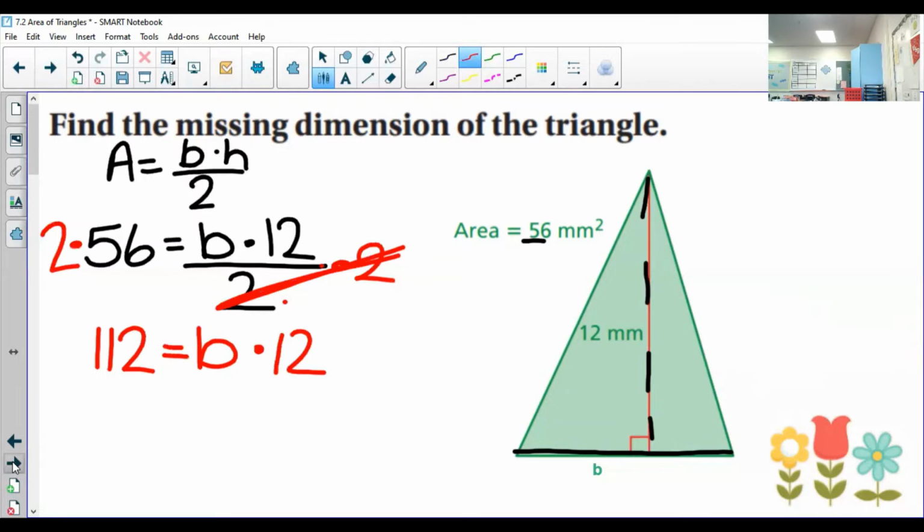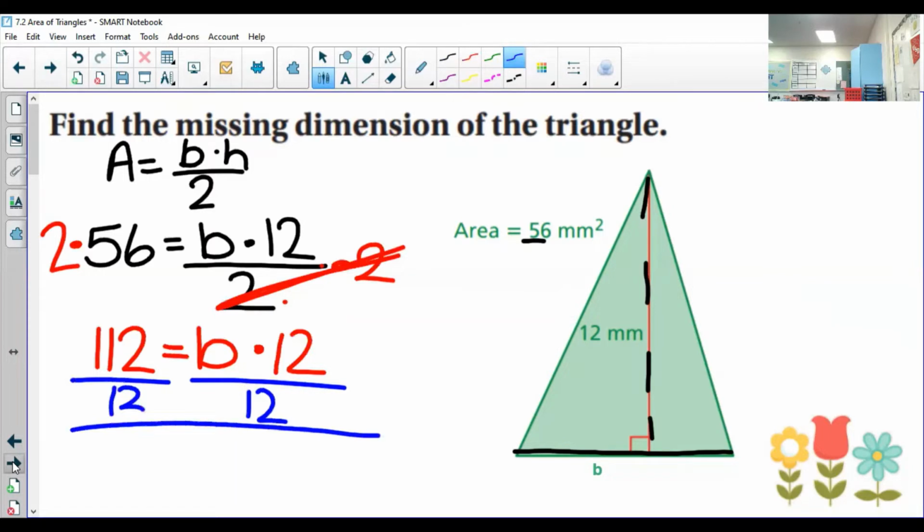Now we do the second part. We have to still try and get that B all by itself. So what's the opposite of a multiply by 12? We're just going to divide by 12, okay? These 12s cancel, so now all I have left is B equals 112 divided by 12 is 9.33333333 forever and ever.